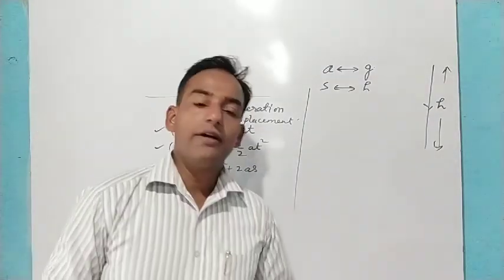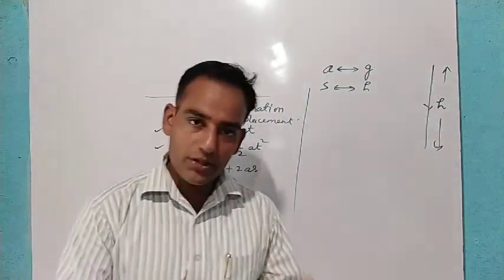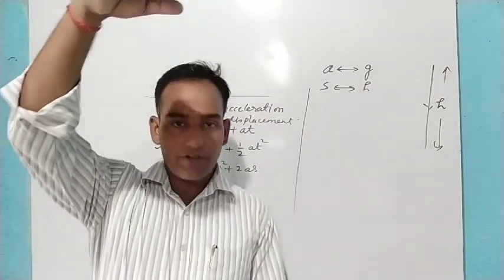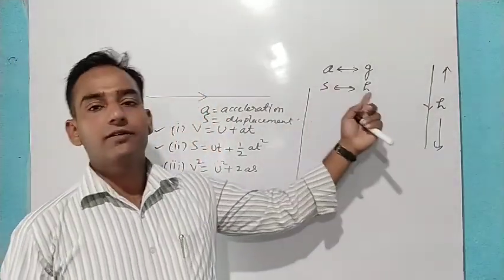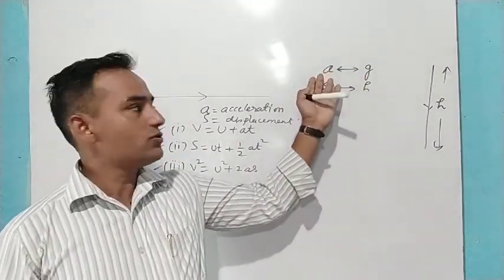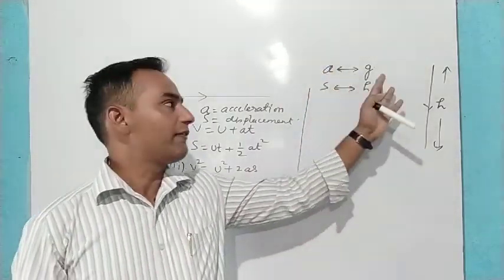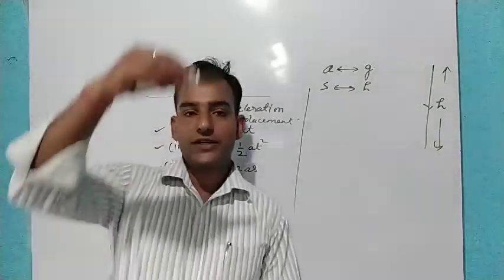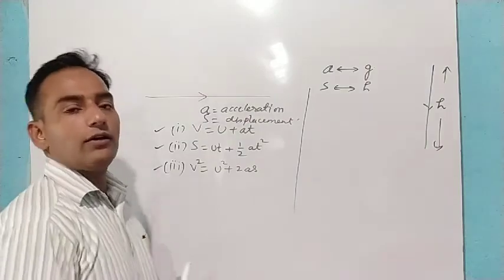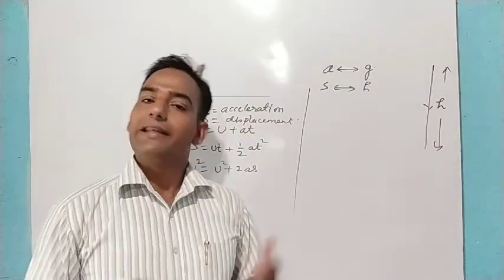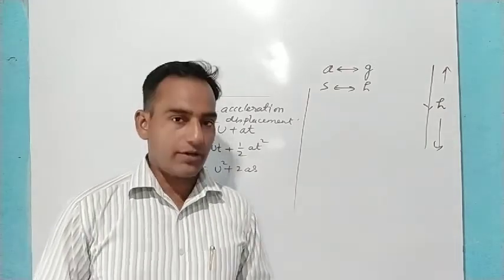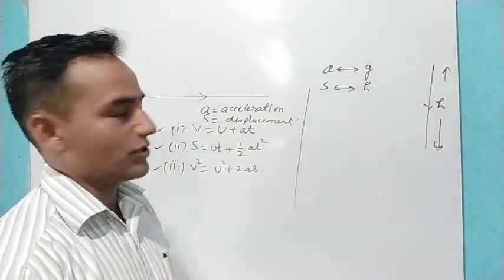So if we are in linear motion the displacement is s, but if the object comes from up to down, displacement is replaced by h, and in place of A we have gravitational acceleration, because the earth attracts any object in the downward direction.